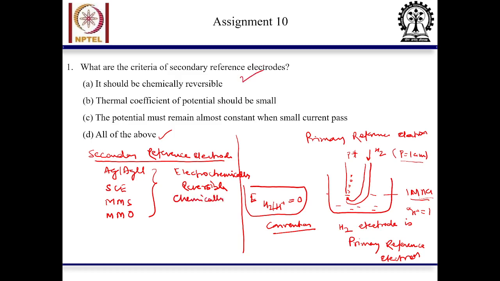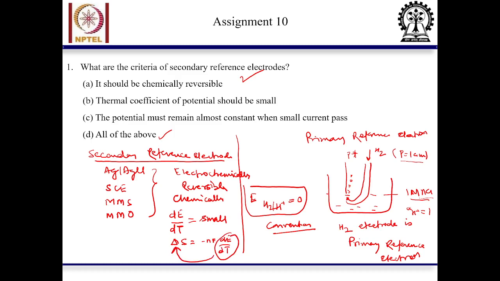Second option, their thermal coefficient dE/dT should be small. Your dE/dT is related to your entropy: delta S is equal to nF dE/dT. So there should be minimum entropy change.